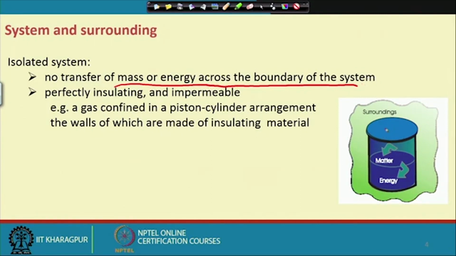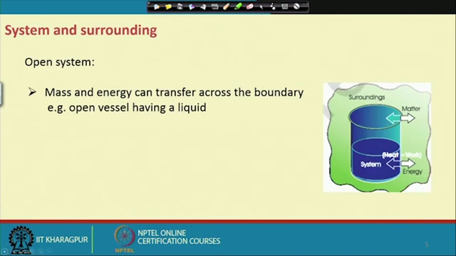Here, since no energy or mass transfer takes place across this boundary, we call it an isolated system, and it is perfectly insulated and impermeable. An example is a gas confined in a piston cylinder, the walls of which are made of insulated material.